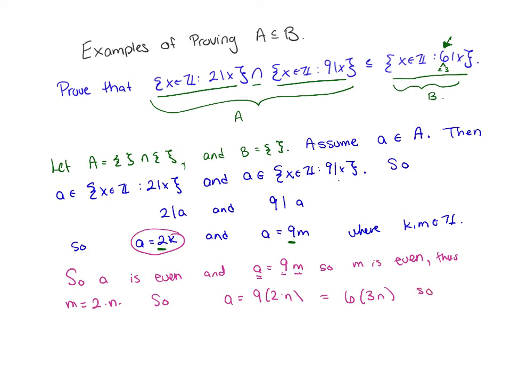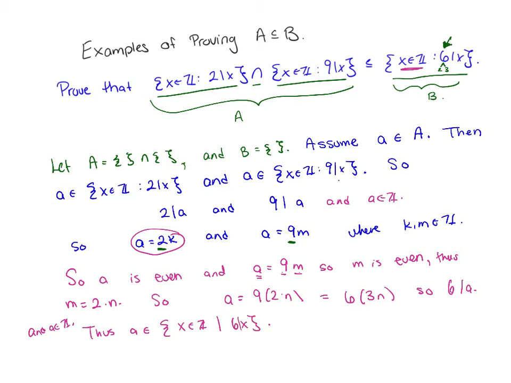So a divides 6. Just kidding, other way around. 6 divides a. Thus, a is in the set. Oh, let me throw in one more thing. I had to say it's an integer. And a is an integer. I'll put that up here as well, just so we are sure. Thus, it's in the set of integers such that 6 divides x.